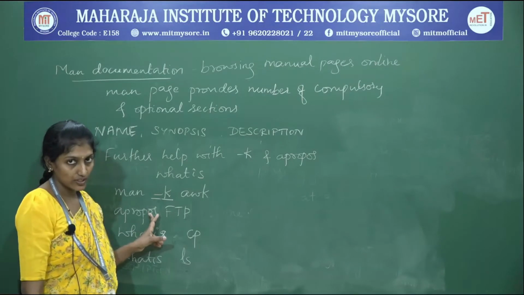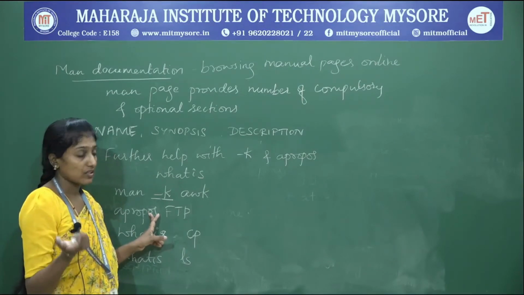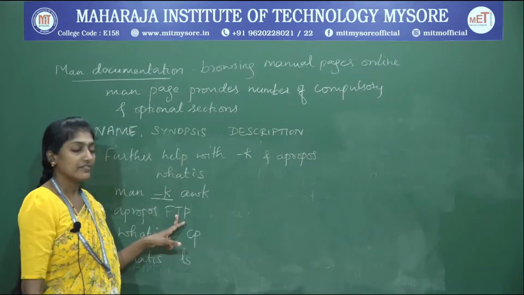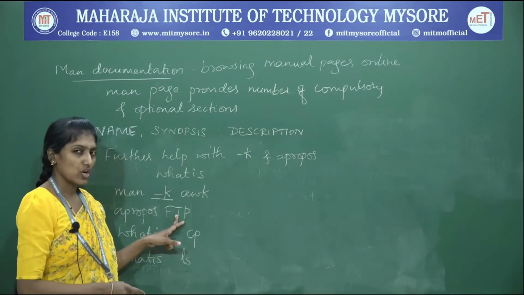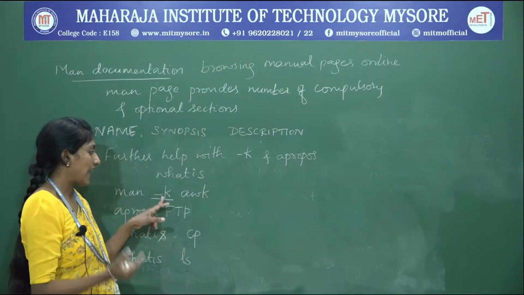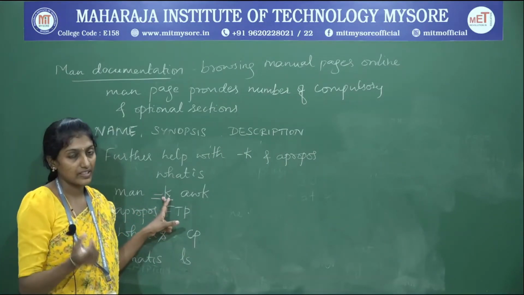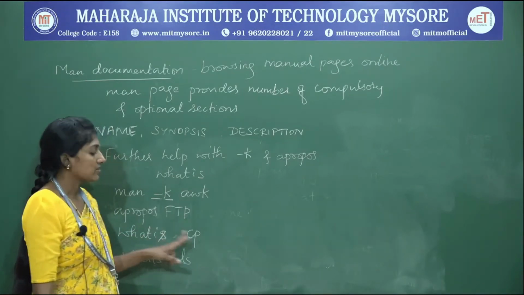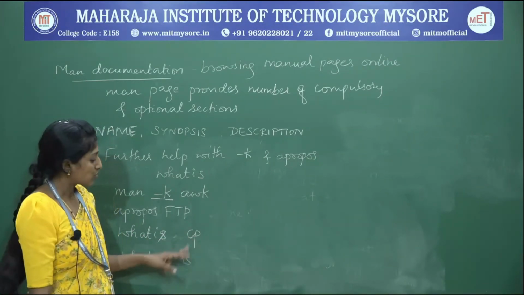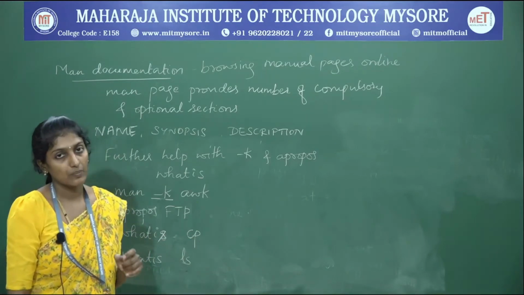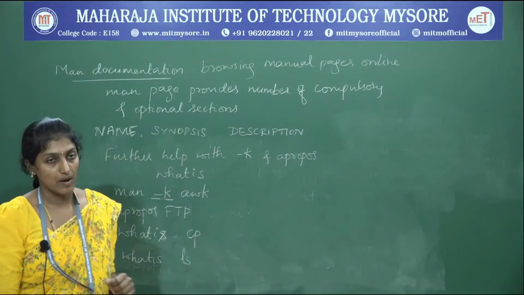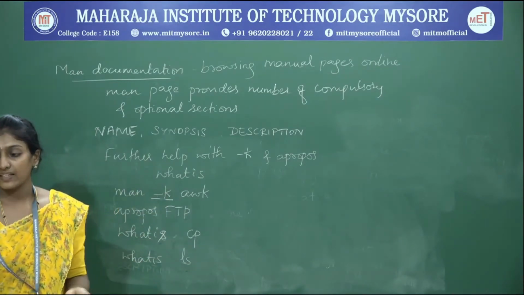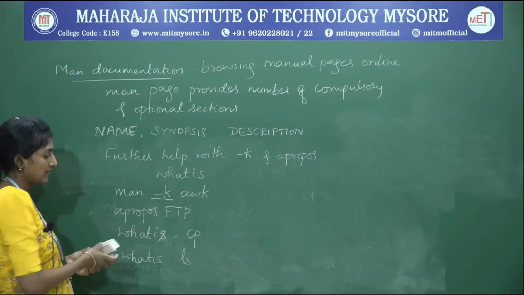So this is going to list out the associated files related with the file transfer protocol, or the protocol for communicating between two end users. -k will list the summary detail about the database in a one line description that will be printed. And the whatis command is used for knowing a brief introduction about that Linux command. So this is about your man page, or man documentation.